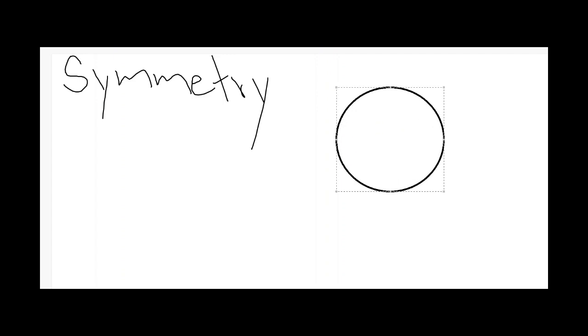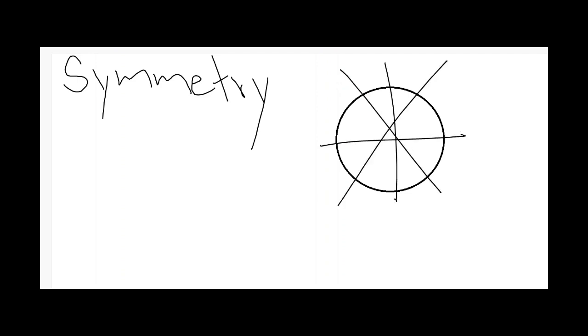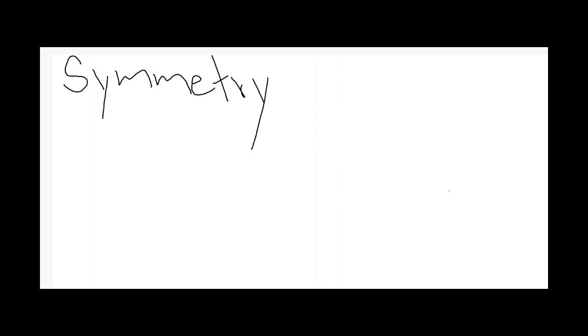No matter the way, if I was to flip this diagonally, or if I was to fold it vertically, horizontally, as long as you cut it through the origin, it is always symmetric all the way around, no matter where I fold it, right? However, we know that a circle is not a function because it has different outputs for a certain input, right?